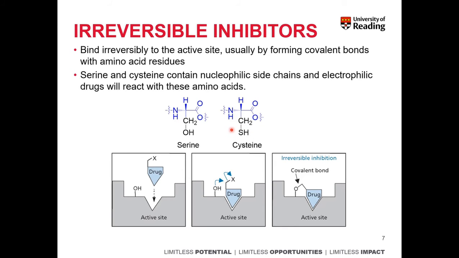These side chains are nucleophilic, and therefore electrophilic drugs will react with these amino acids. So if we know there are serine or cysteine residues, side chains, present within the active site, we can build a drug that will be able to react with these amino acids and form an irreversible covalent bond. This will then lock the drug into position.